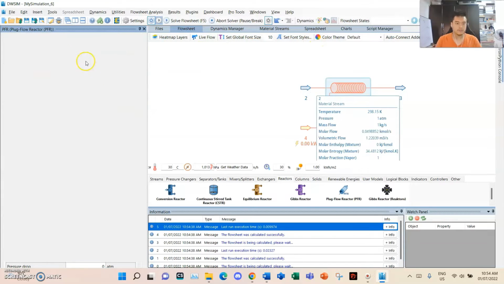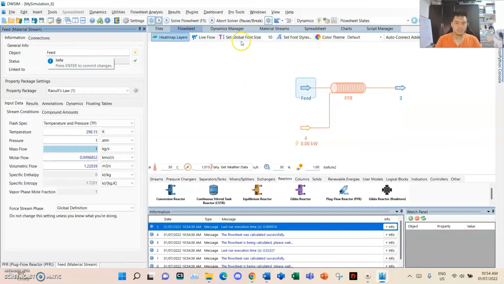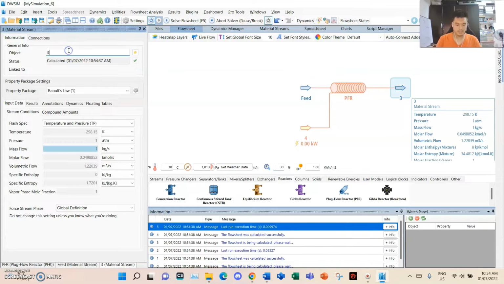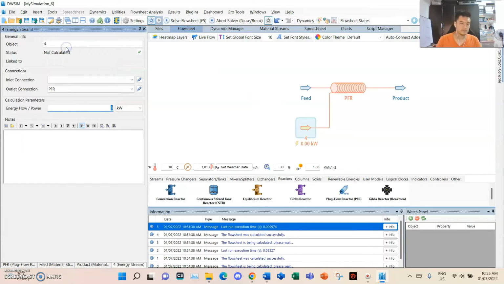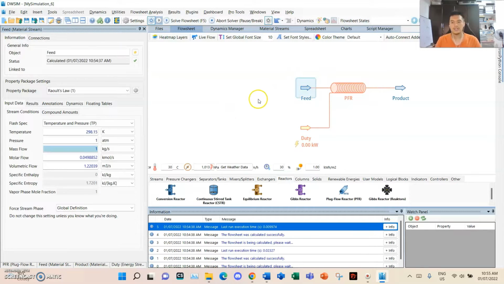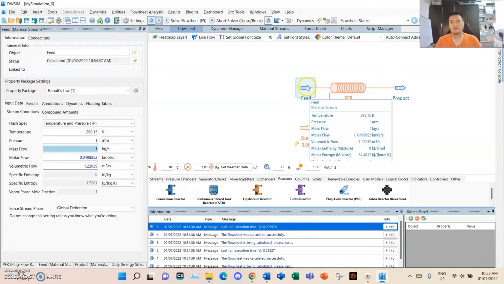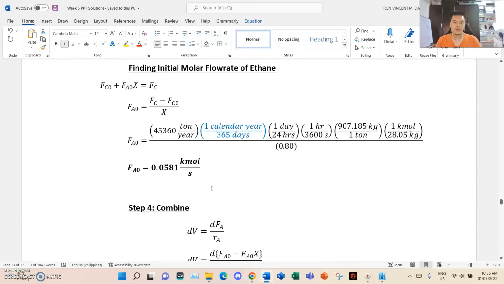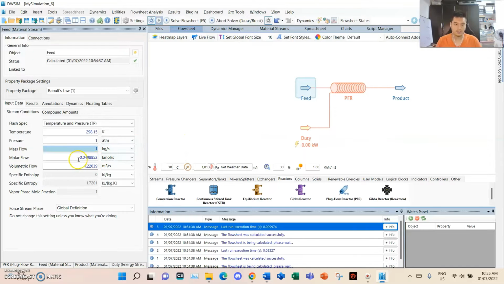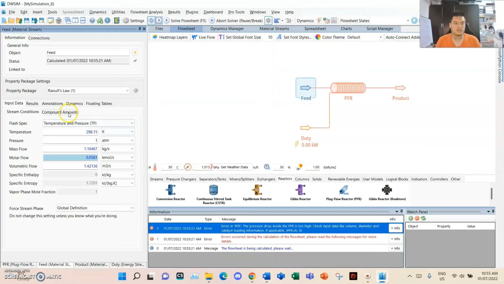And then we'll rename this as feed. And we will name this as product. And this is duty. Alright, so let's specify. Though we're not given inlet conditions, I was able to calculate an inlet condition myself using the stoichiometric table, where my molar flow rate of ethane is 0.0581 kilomoles per second.